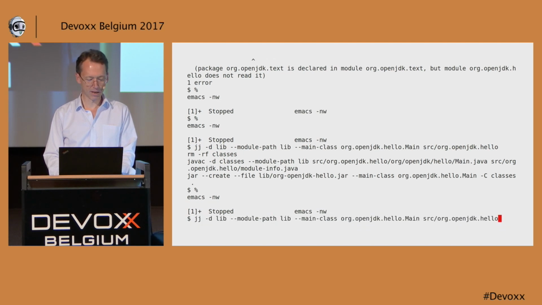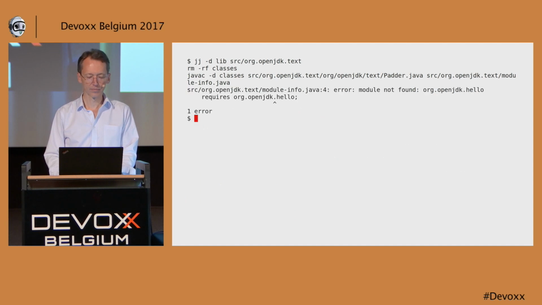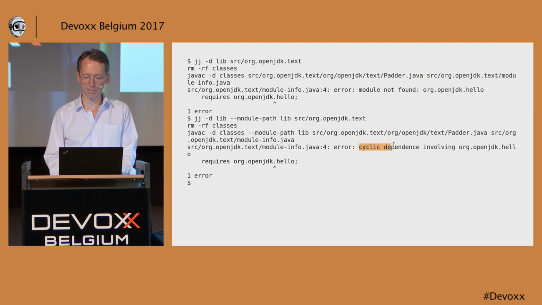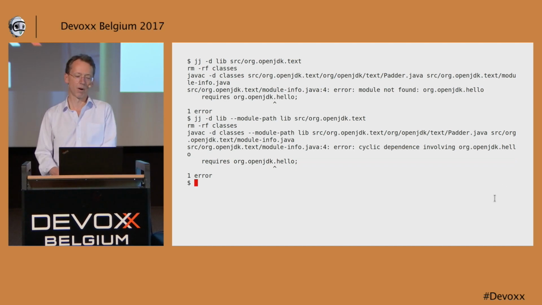And I go to recompile the text module. Module not found org.openjdk.hello, because, well, I didn't give it the module path. And now it will say error, cyclic dependence involving org.openjdk.hello. So yes, cyclic dependencies are bad news.